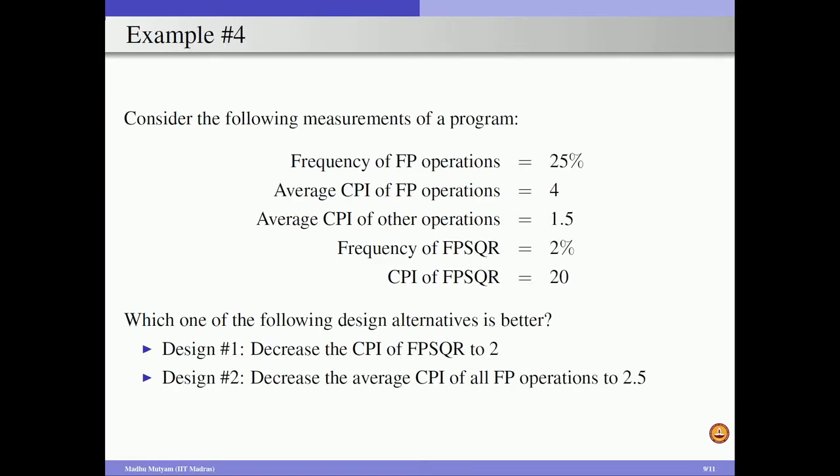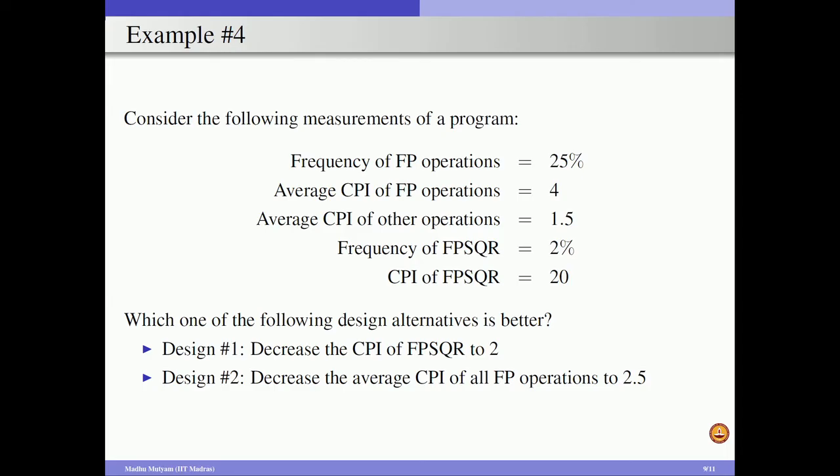Let us consider an example. Consider an application where the frequency of floating point operations is 25% and the average CPI for the floating point operations is 4. The average CPI of all other operations is 1.5. And assume that the frequency of floating point square root operations is 2% and the CPI of floating point square root operations is 20.